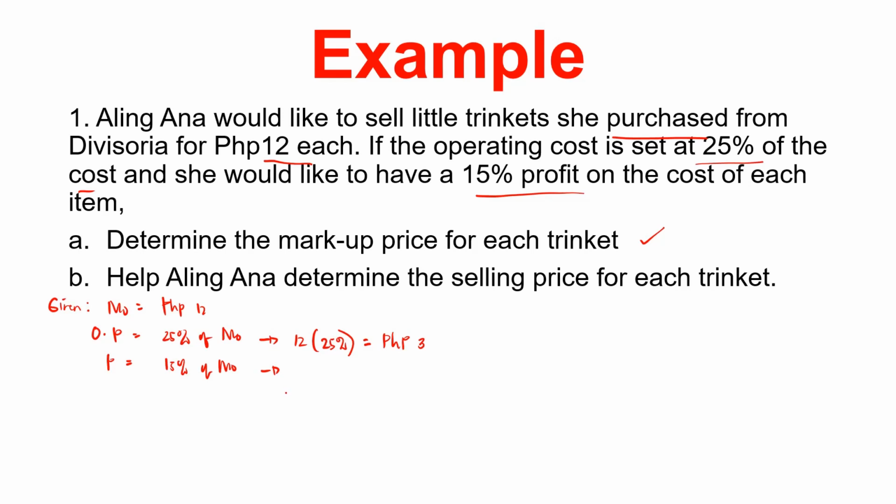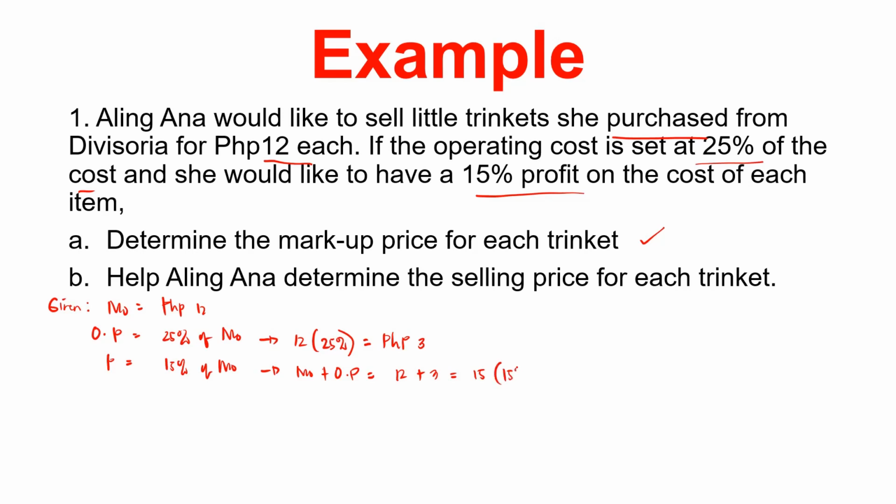So for us to get the profit, we need to add the cost price first and the operating price, which is equal to 12 pesos plus 3 pesos is equal to 15 pesos. Now, we can get the profit na yung gusto ni Aling Ana na 15% of it.